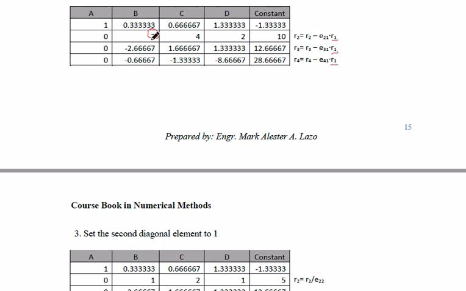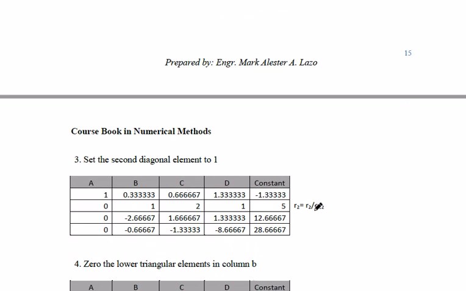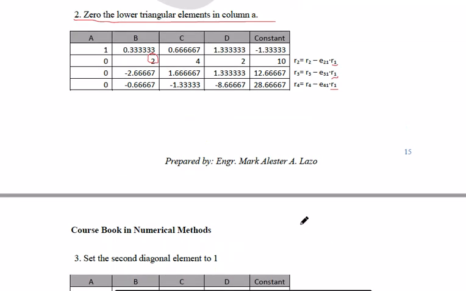So how do we make this 2 into 1? Of course, again, by dividing itself by its value. So R2 is equal to R2 divided by the element in the second row, second column.